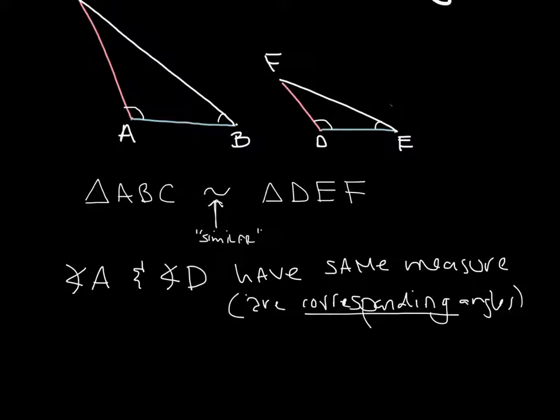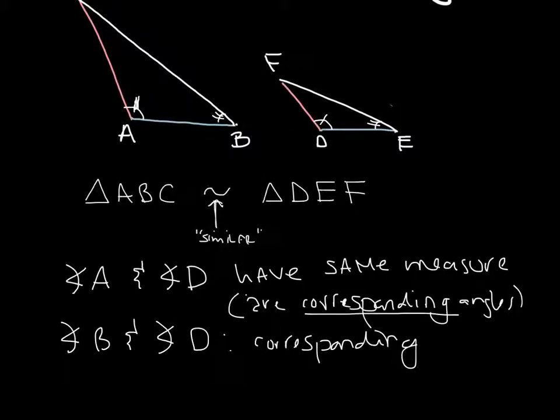So with angle A, I'll write one little tick mark here, and for angle D as well. For angle B, I'm going to write two tick marks, and angle E. So angle B and angle E are corresponding angles.